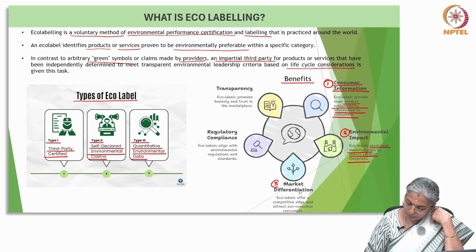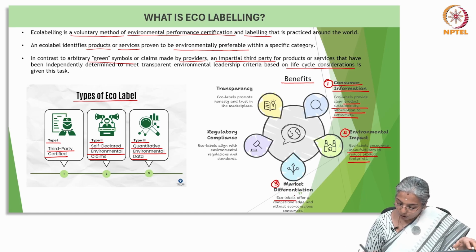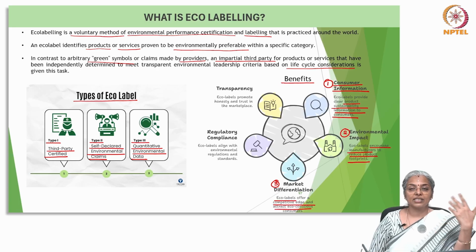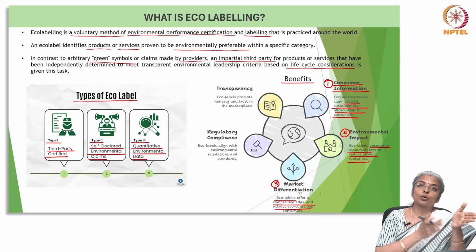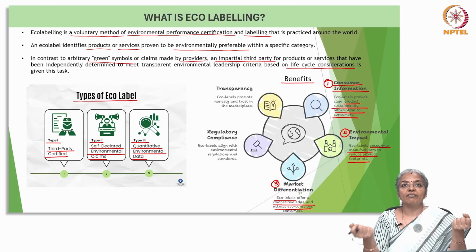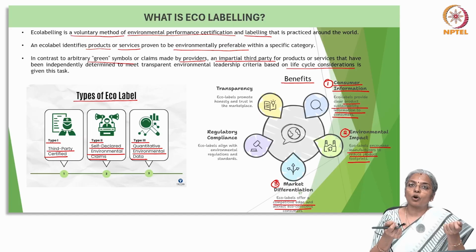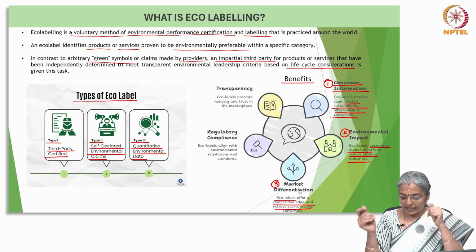Third is market differentiation. Eco-labels will offer a competitive edge and attract eco-conscious consumers, especially those who are trying to either go towards a green building certification or those who are already very aware that their buildings must be made of green products or products which cause less environmental damage.